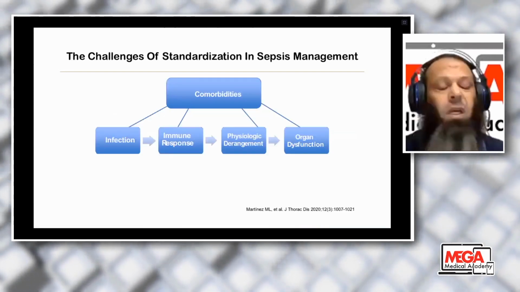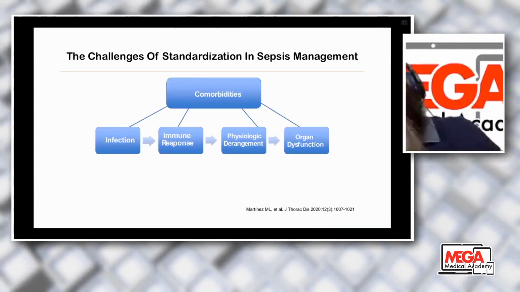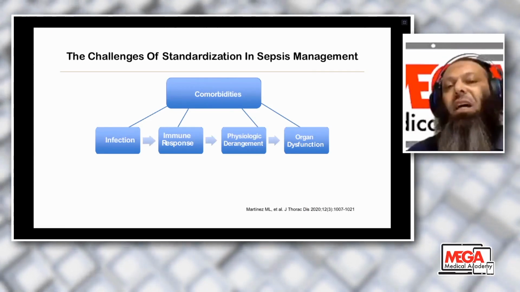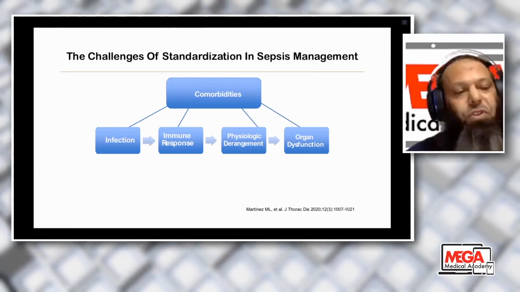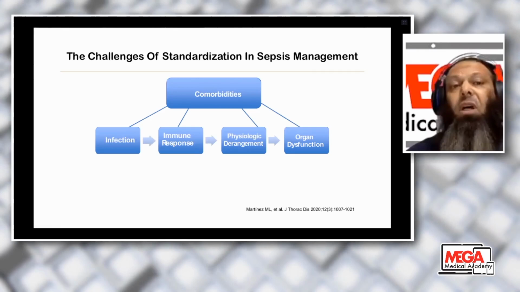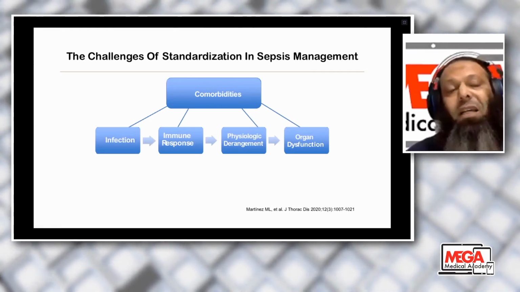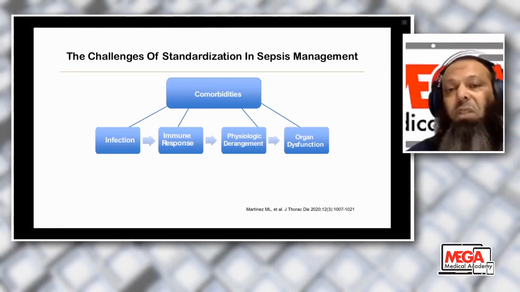So if you ask me what the challenges are to standardize sepsis management, this is a worldwide question and one of the major concerns. Till now, you cannot standardize sepsis syndrome management. Why?